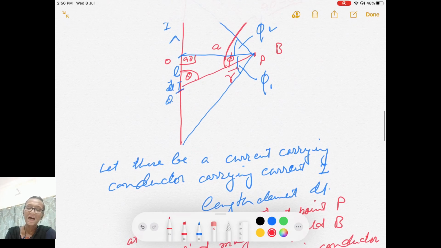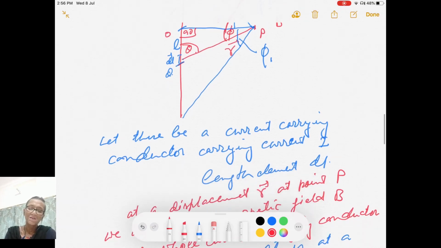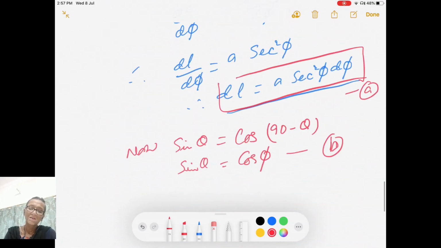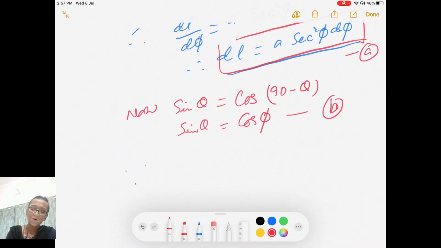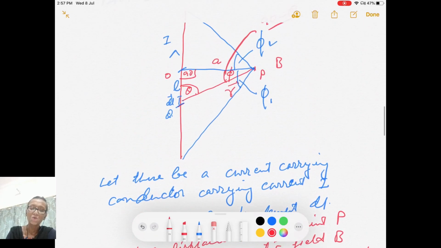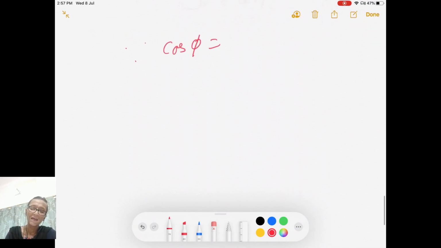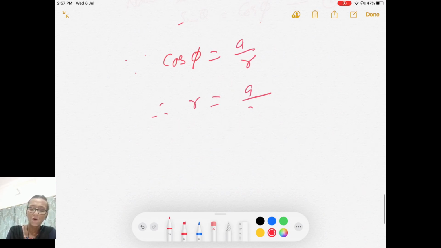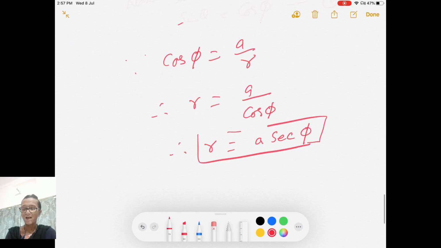Now the next thing is r square. Since cos phi is equal to base by hypotenuse, A upon r, therefore r is equal to A upon cos phi, therefore r is equal to A sec phi.